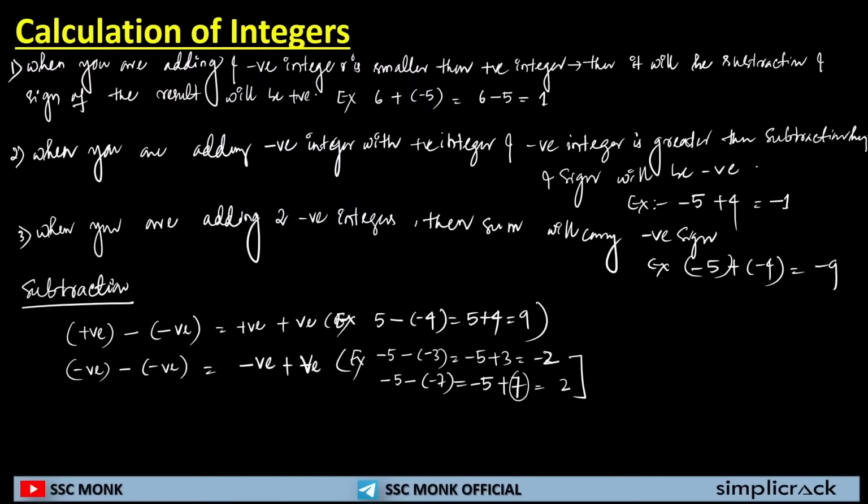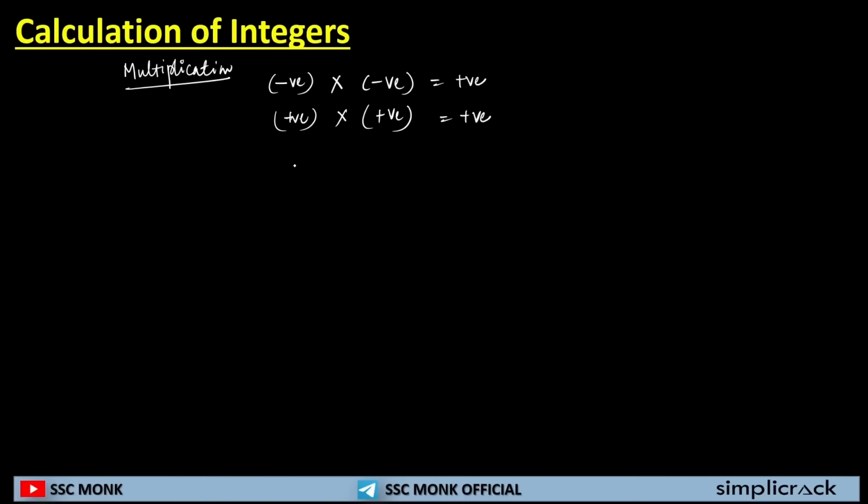Sorted? Now for multiplication. In case of multiplication, understand this. Negative number multiply by negative number will get us positive number. Positive number multiply by positive number will get us positive number. Negative number multiply by positive number will get us negative number.